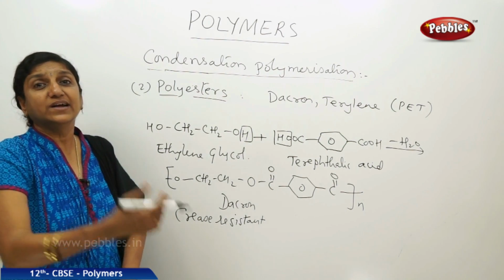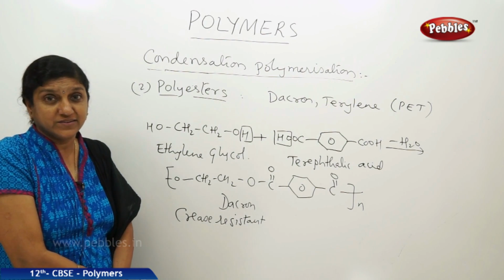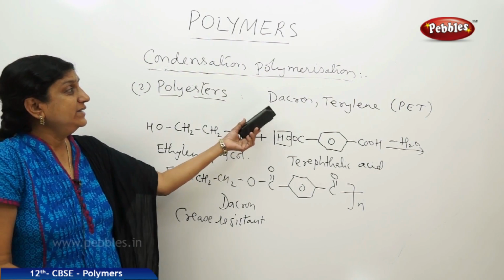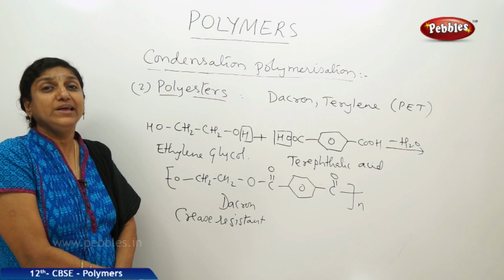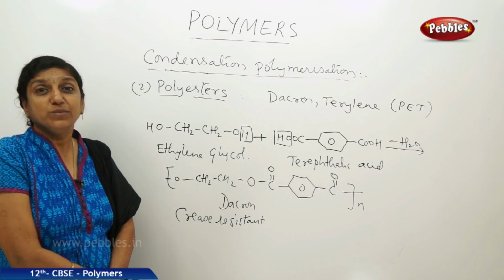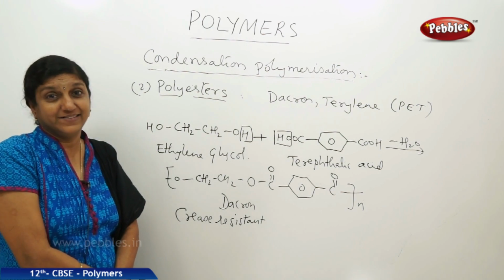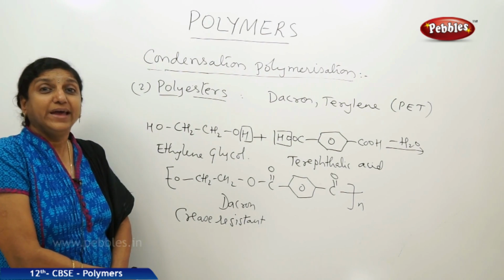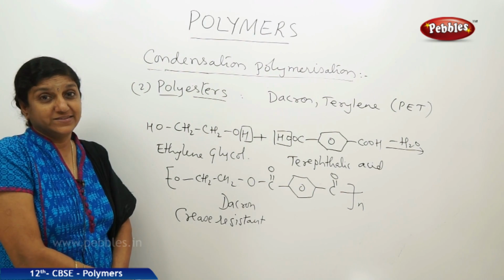Continuous condensation gives rise to a polymer which is called a polyester, and the brand name for one of the polyesters is Terylene or Dacron, and the chemical name is polyethylene terephthalate. Why? Because it is a polymer of ethylene glycol and terephthalic acid. So, this is one example of another type of condensation polymer, that is polyesters.